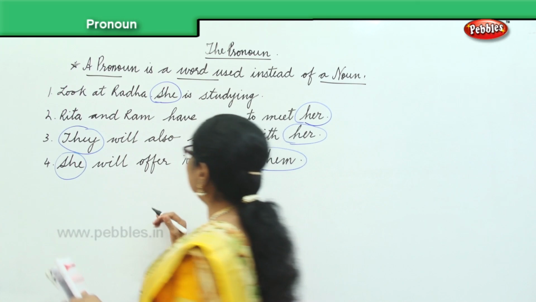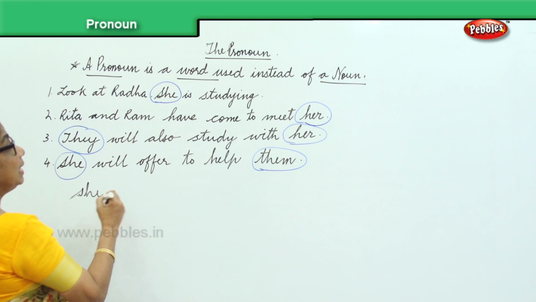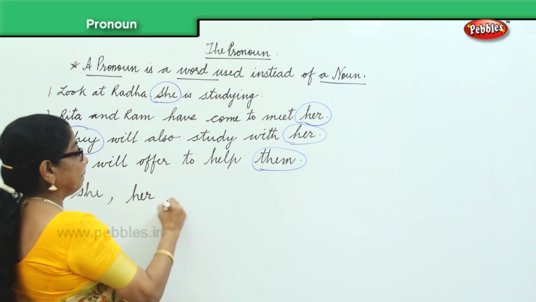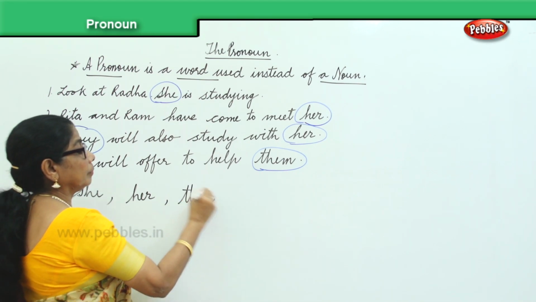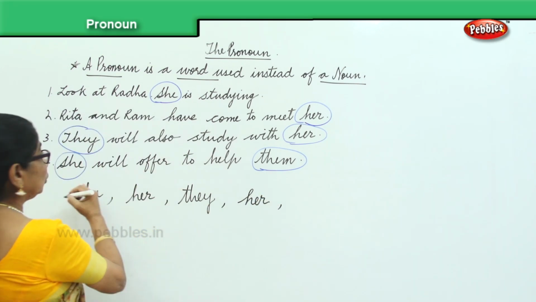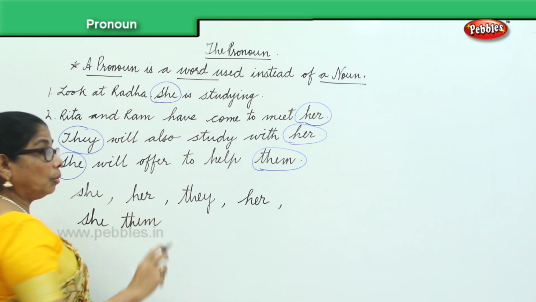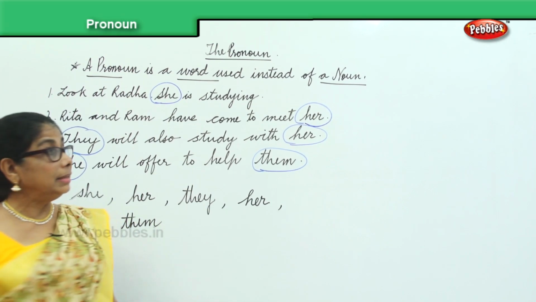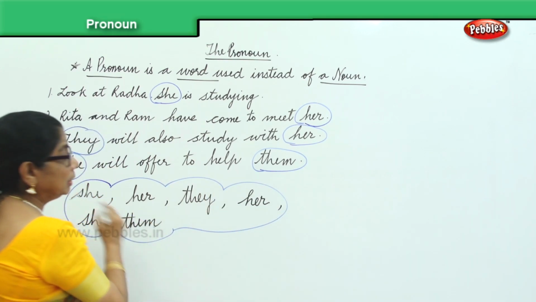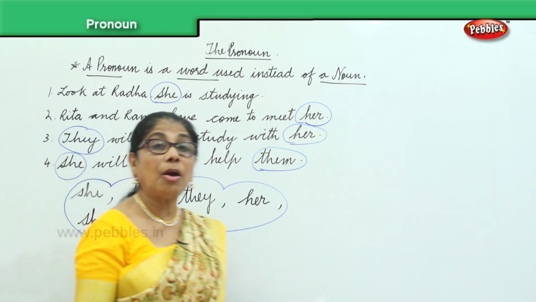So we have here the words she, her, they, her, then we have some more. She, again, them. All these words are used instead of the noun, and we call them pronouns.